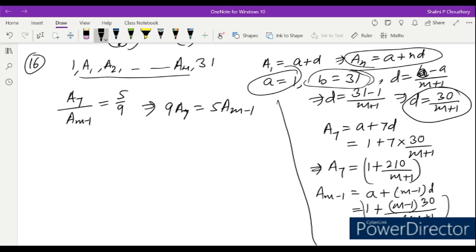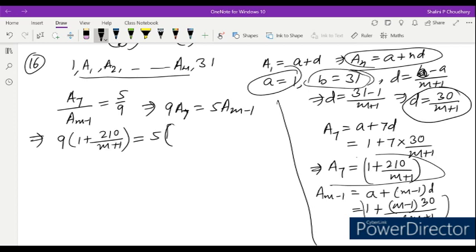Now we'll put this value, 9 into a7. The value of a7 is this one, 1 plus 210 upon m plus 1, that will be equal to 5 into a(m minus 1). a(m minus 1) will be 1 plus 30 into (m minus 1) upon m plus 1.